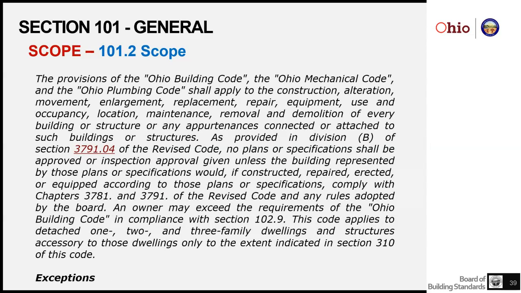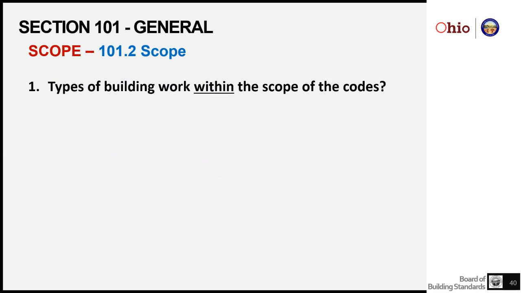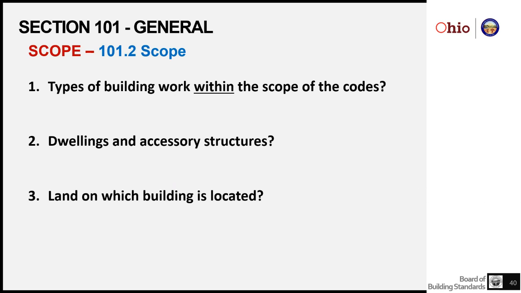So, scope of the code, 101.2. This talks about what the Ohio Building Code has enforcement over, and you'll notice down at the bottom that there are some exceptions. The types of buildings that are within the scope of the codes also address dwellings and accessory structures that are regulated under the Ohio Building Code, and talks about the land on which the building is located.